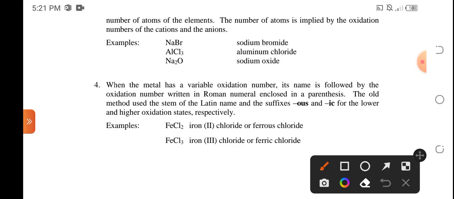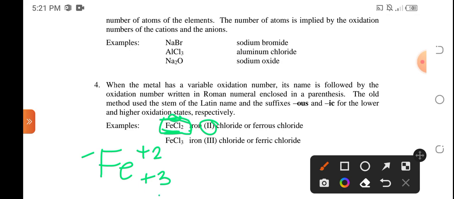That 2 represents the charge of the iron being used. Kasi kung titignan natin sa periodic table natin, iron has 2 charges, either +2 and +3. So, alin dito? Binacktrace natin na it's +2. So, therefore, the name would be iron 2 chloride.